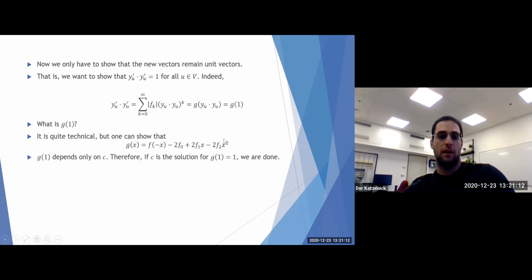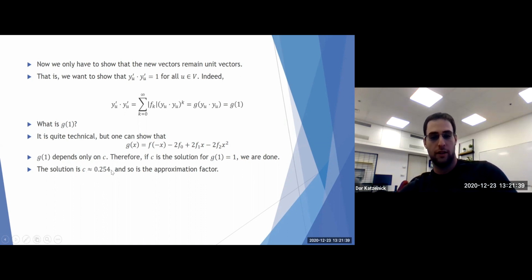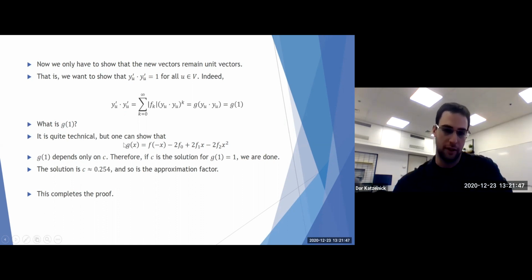So you can just plug 1 into this expression, and you get an expression that depends only on the value of C. So if you let C be the solution to the equation G of 1 equals 1, then we're done. And then you get the approximation factor to be exactly the value of C. It turns out to be roughly 0.254, and this will be the approximation factor of the algorithm. Okay, so this completes the proof of the algorithm.